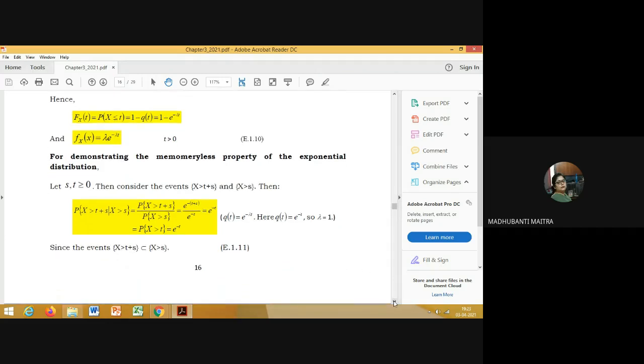So now we are trying to find this probability, that is the probability X greater than t plus s, given that X is greater than s. So what is the meaning of this?